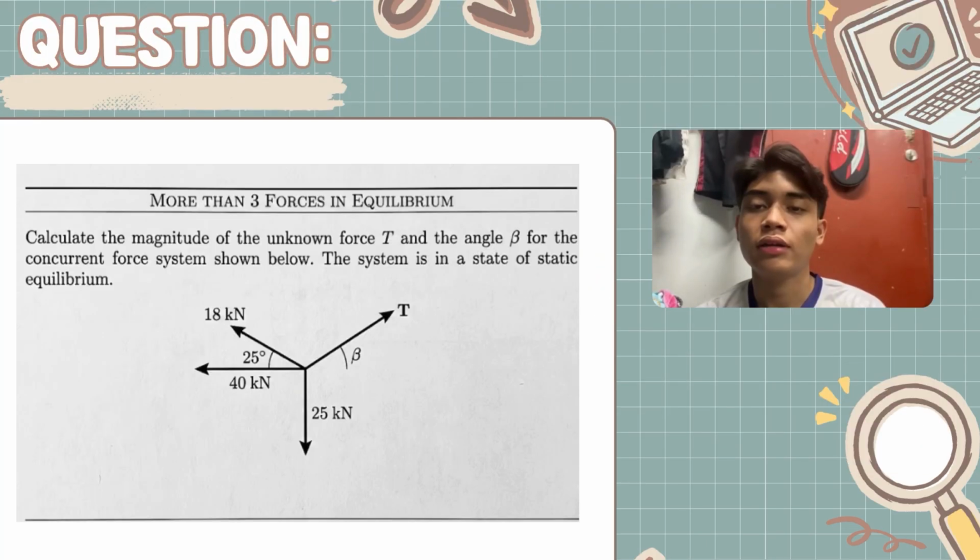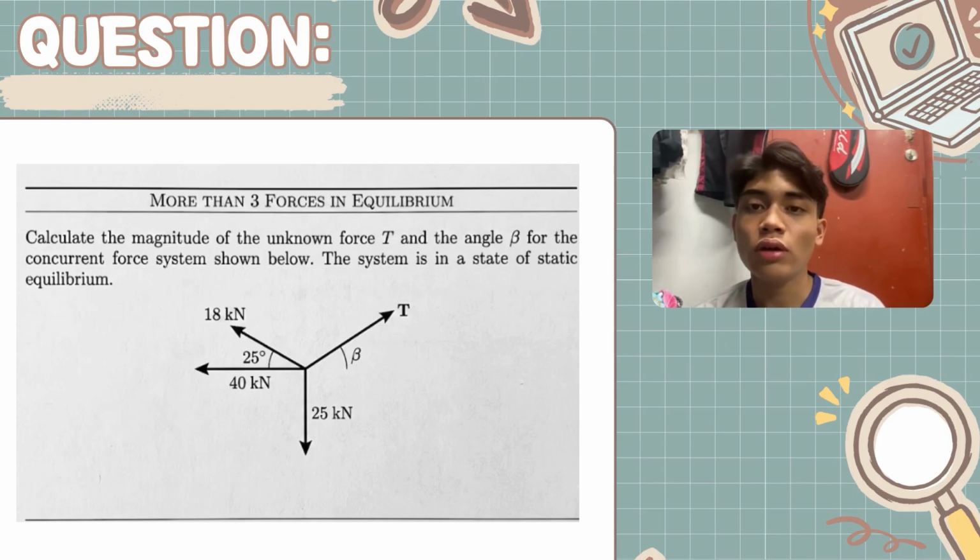Now let's take a look at some of the questions. Let's take a look at this basic problem involving more than 3 forces in equilibrium. We are given a concurrent force system in a state of static equilibrium featuring a 40 kN force pointing left, a 25 kN force pulling straight down, and an 18 kN force acting at 25 degrees.